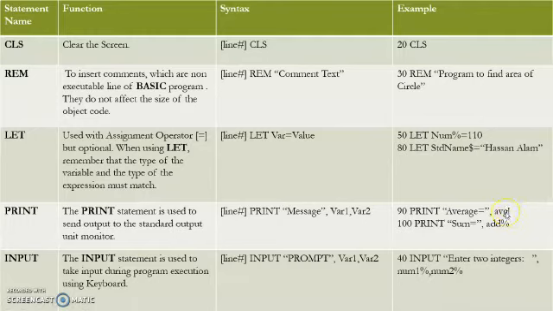As we know that an average always contains a fractional part, we have declared the variable as single precision with the exclamation sign. Then at line number 30 we have used the PRINT statement to display the message sum is equal to, and the value of this sum is present in the integer variable add, which is given after closing the double quotation and separating with a comma.